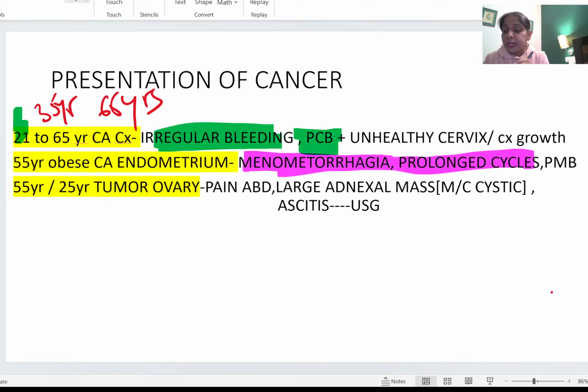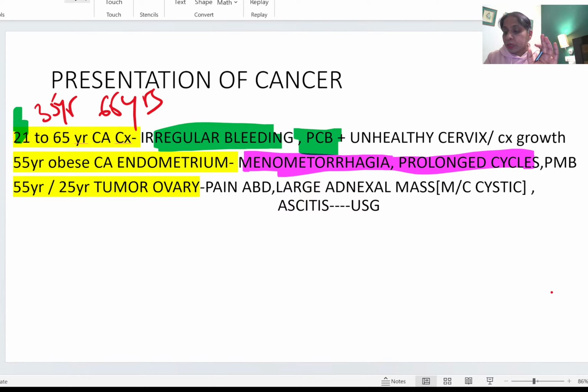Okay, so here I would like to tell you that in the ovary tumor, biopsy is done at the last. Then only we will say CA ovary, whereas till then we will keep on saying tumor ovary.